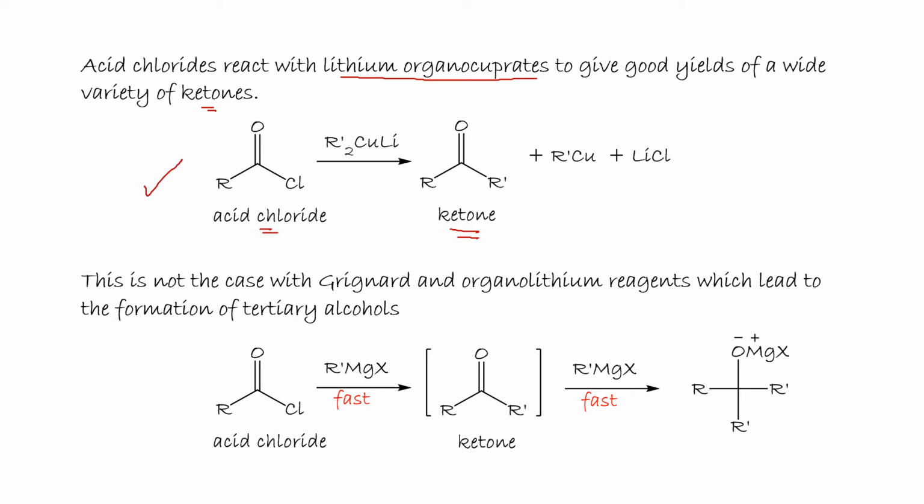With Gilman you can do that, but with Grignard, addition of organomagnesium to an acid chloride is a fast process, and again it is a fast process with the ketone intermediate, so you get tertiary alcohol using organomagnesium, while Gilman reagent with acid chloride provides ketone.